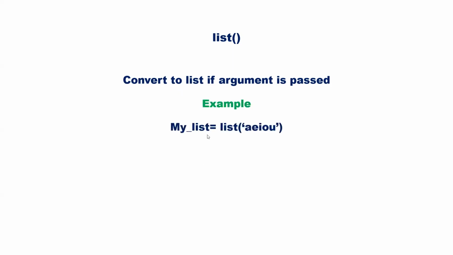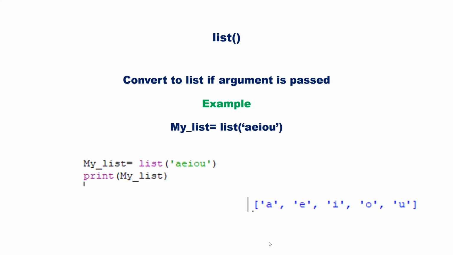For example, if we give my_list is equal to list of, within the brackets I have given a string A, E, I, O, U. Now this string will be converted to a list. So when we print my_list, we will get a list with values A, E, I, O and U.